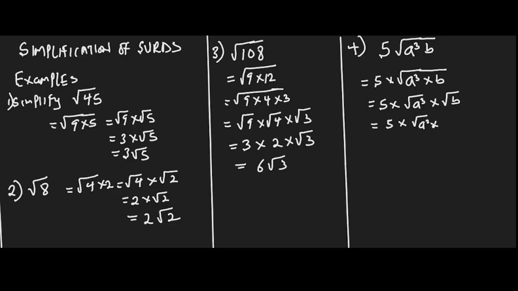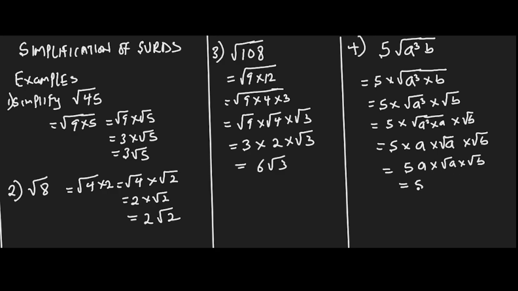This is going to give us a square times a times root b. Then this is going to give us 5 times a cube, meaning a square times a. Square root of a square will give us a, times root a times root b. Then here we are going to have 5a times root a times root b.